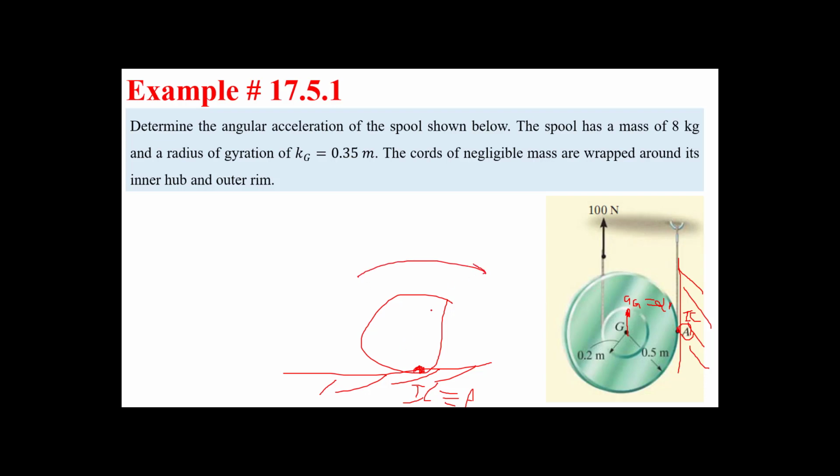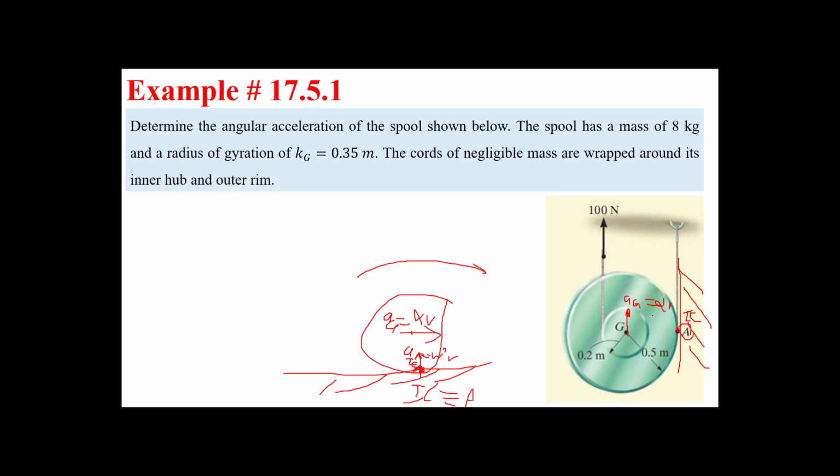If this cylinder or disc rotates, and we have the IC center, then its acceleration is alpha r. The point here has zero velocity, but its acceleration will be omega squared multiplied by r. This is the acceleration of the IC point.